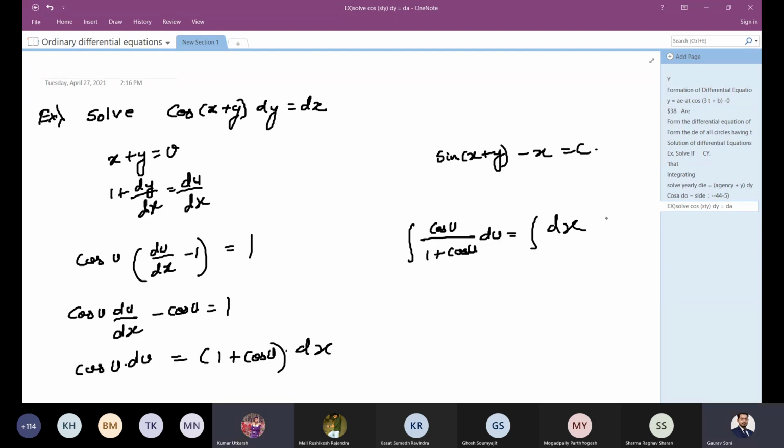Yes, sir. So use the formula for cos u. 1 plus cos u is 2 cos square u by 2, and cos u you can write as cos square u by 2 minus sin square u by 2. Separate, and that is one way. Any other way, if someone knows, they can do it by that way.